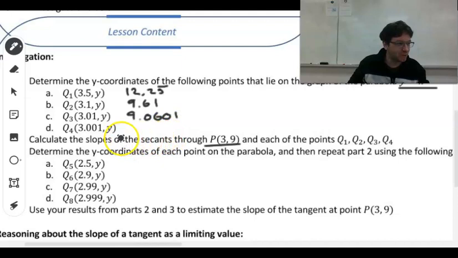And similarly, 3.001 squared gives us our y coordinate on the graph y equals x squared, 9.006001.